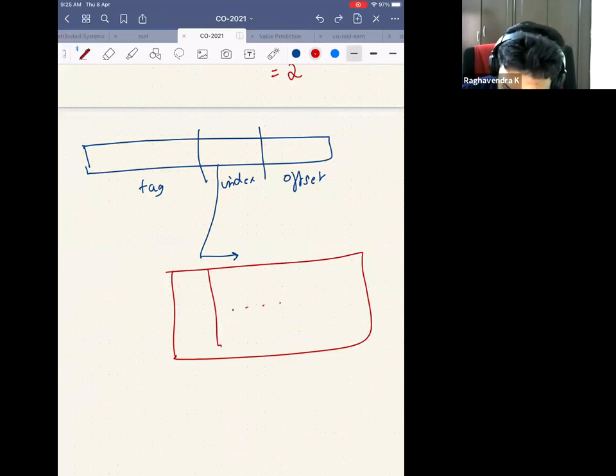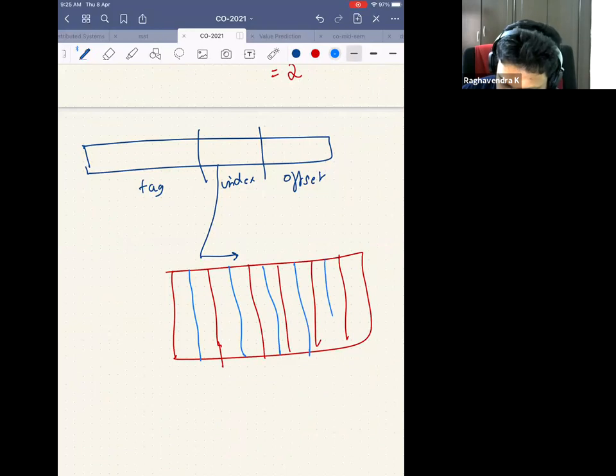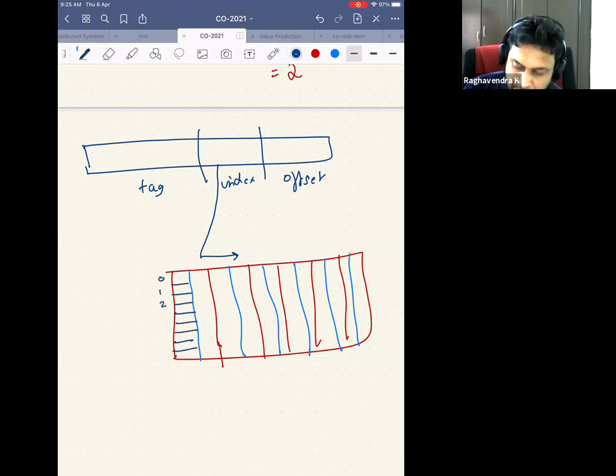So these are all my sets. Each set has two-way associativity, so each set has 2 blocks to be stored. Each block has 64 bytes. So this is the 0th byte, first byte, second byte, third. When the CPU generates an address, it will use the index to pick a set. So it can be either this set or this set or this set.